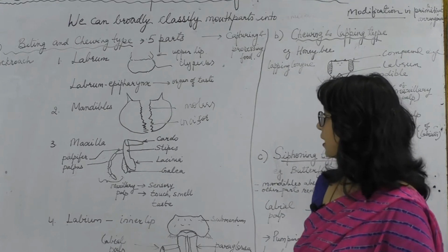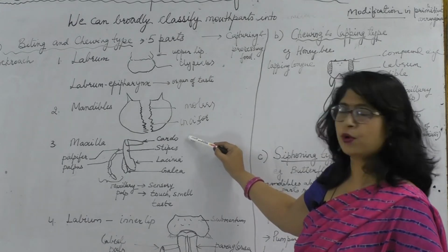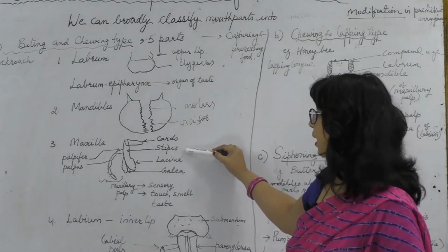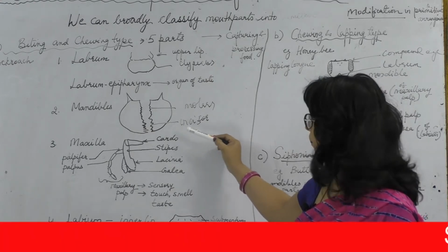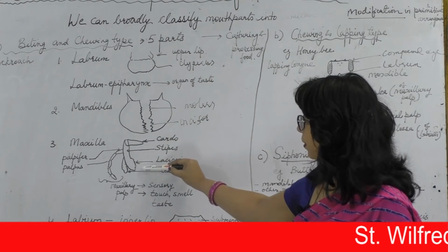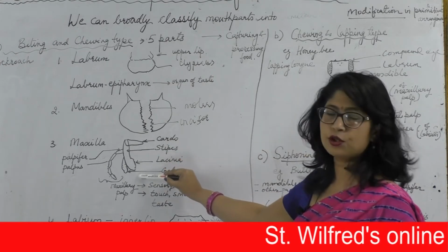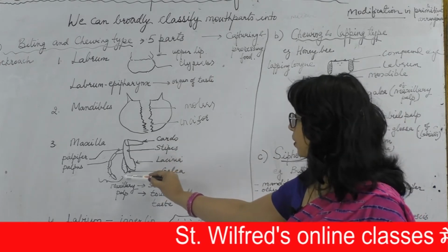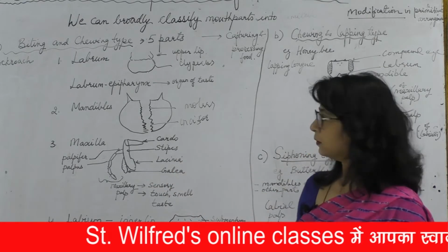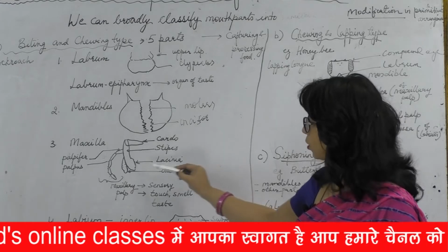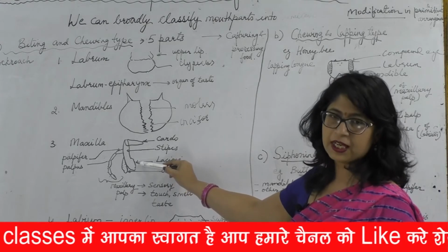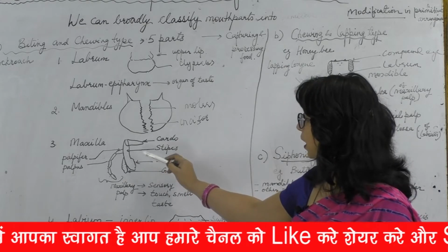Now, maxilla has 2 important structures, cardo and stipes. Cardo articulates with the head portion, and stipes at the distal end possesses 2 lobes. The outer lobe is called the galea, and the inner lobe is called the lacinia. Lacinia has teeth present at the inner surface.